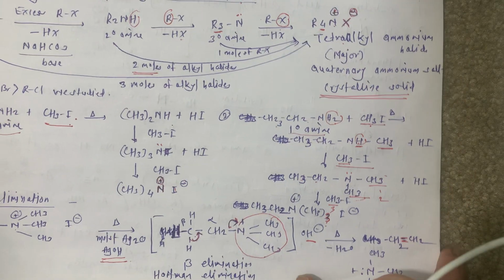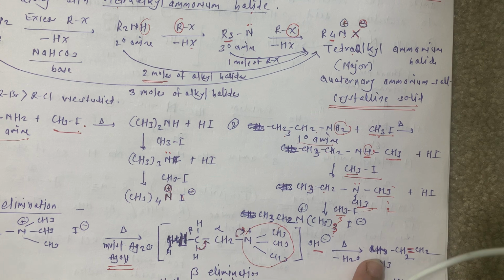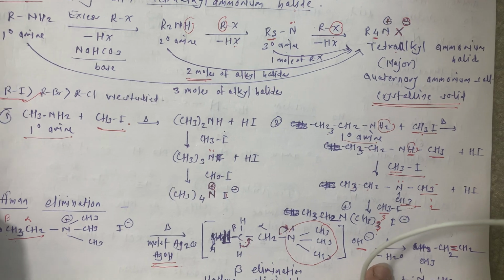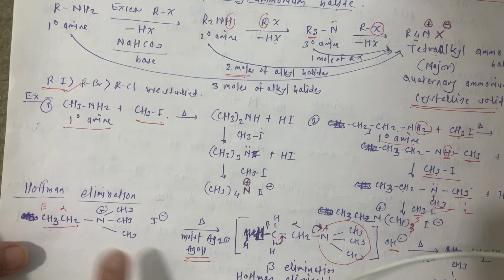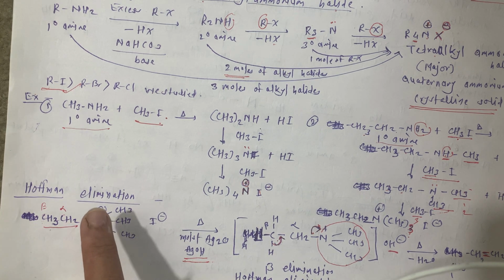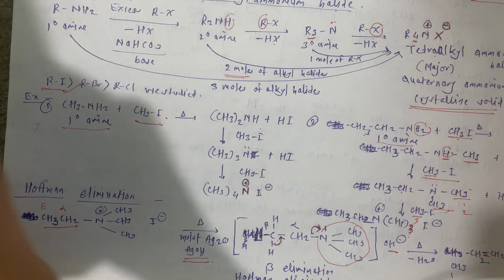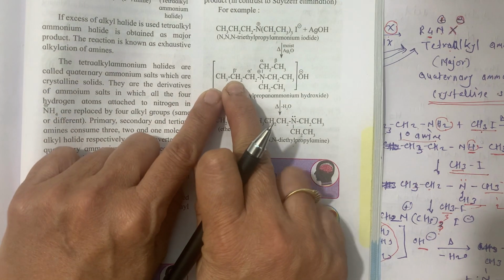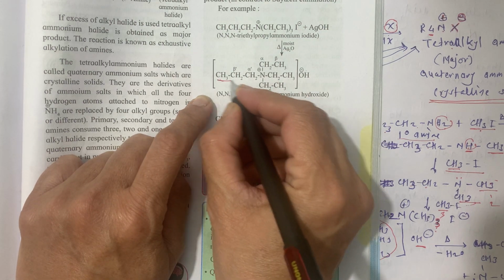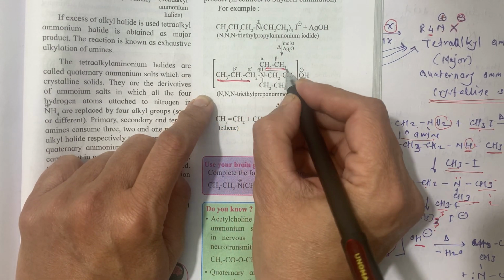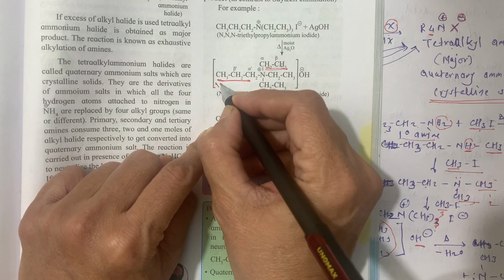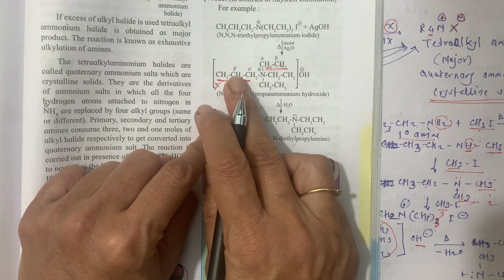In our textbook, the given example of propene, in that propene the beta carbon is not least substituted, it is highly substituted. So though it is bigger than the CH2CH3, elimination takes place from the ethyl group, not from the propyl group.